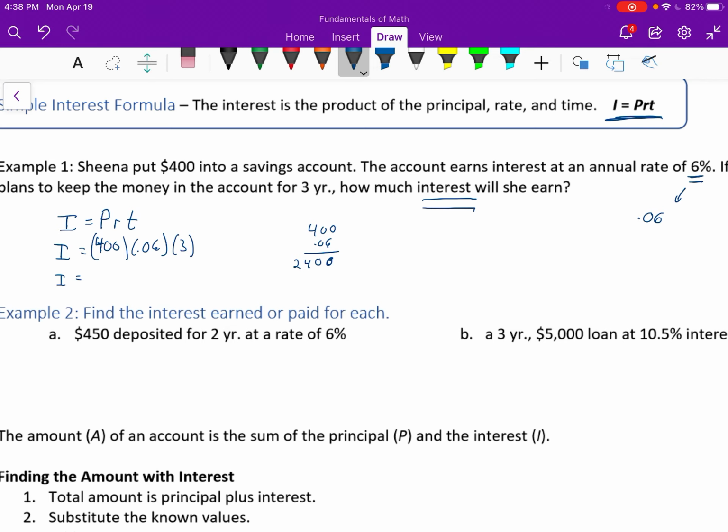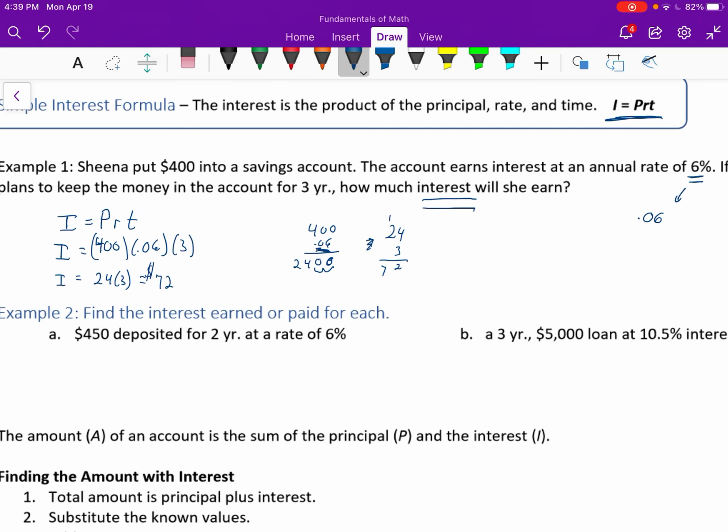And obviously 0 times anything is 0. So we have to move the decimal over 2 places. So that's 24. So 24 times 3 is 72. So the interest earned over that amount of time is $72. Make sure you put the $ in front, not in back.